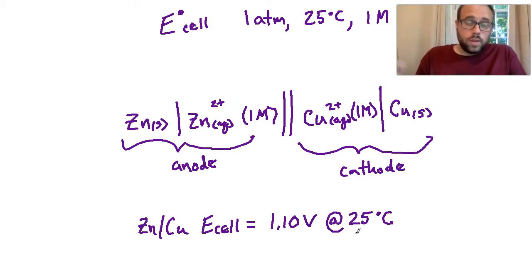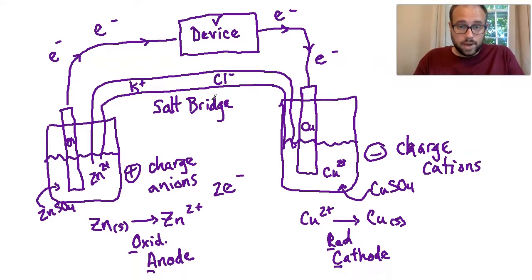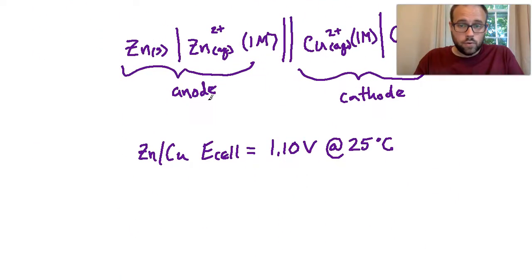Now, when we talk about this, this is the voltage for the entire cell, the whole entire setup. So if I were to come up here and place a voltage meter that could take readings here, I'm going to get 1.10 as my reading as the electrons are being passed through.